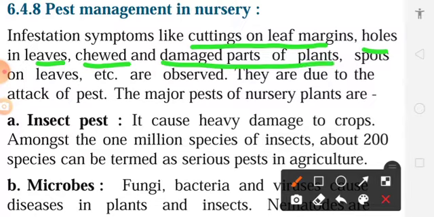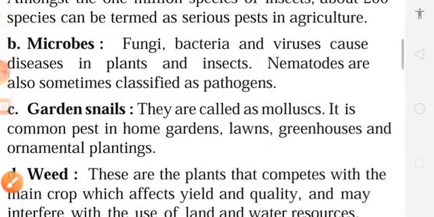Various pests can be spotted on the plant, and these are to be controlled. About 200 species are termed serious pests in agriculture. They can be classified on different norms, but they are to be controlled.